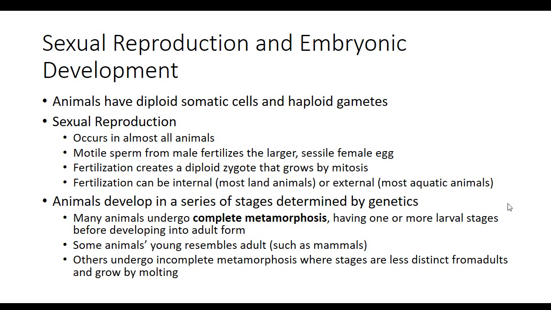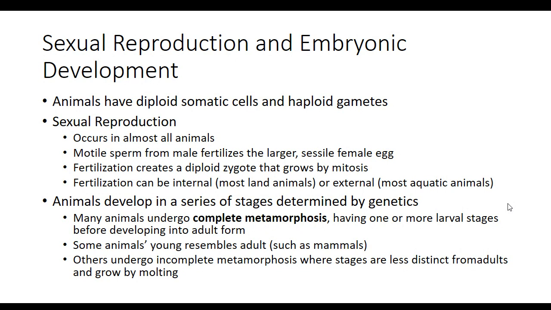Sexual reproduction just means it involves sperm and eggs in females. The sperm are motile, which means they swim through a liquid medium to the egg. The egg is sessile, which means the egg doesn't move toward the sperm generally. The sperm moves toward the egg.